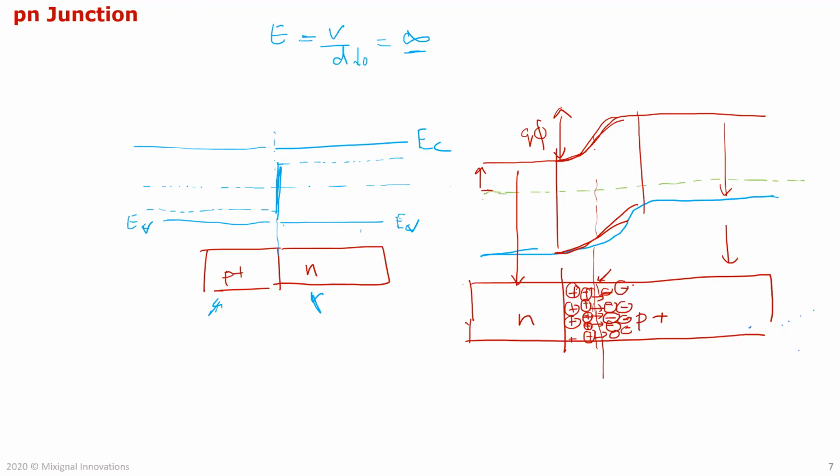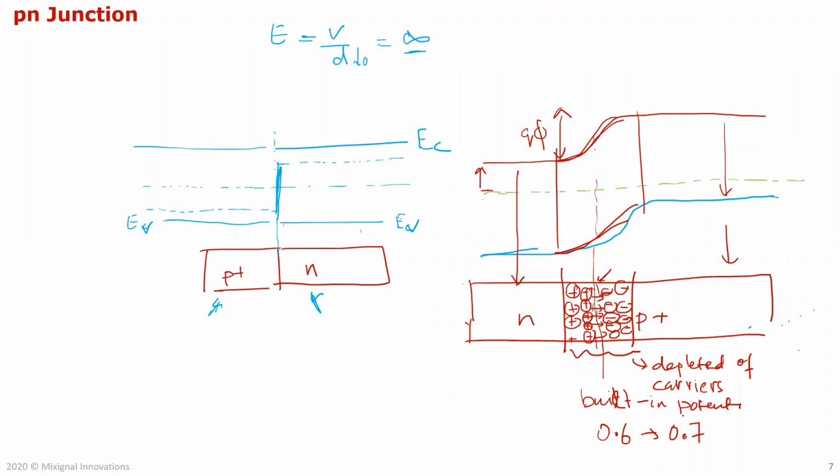This is what's called your depletion region. It's called depletion because it is depleted of carriers, either negative carriers or positive carriers. And this is called the built-in potential, which is typically about 0.6 to 0.7 volts.